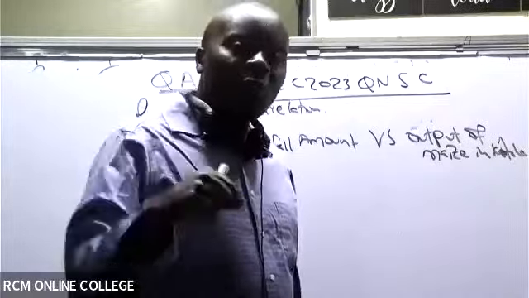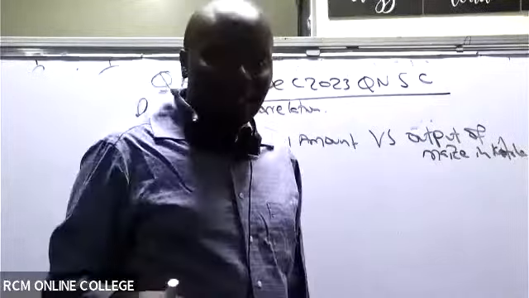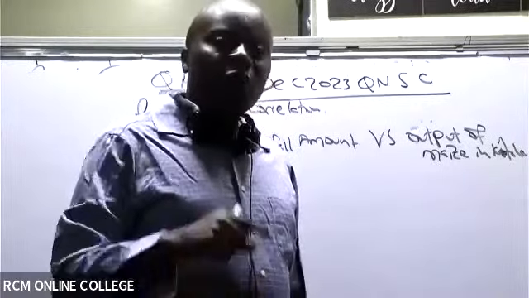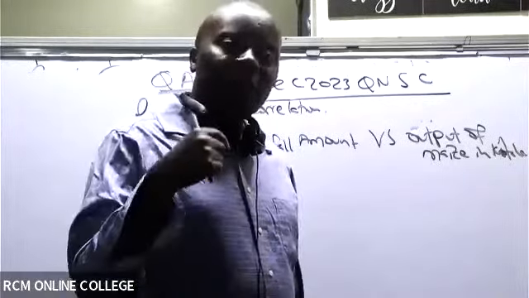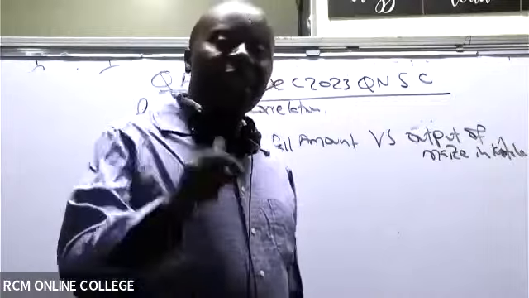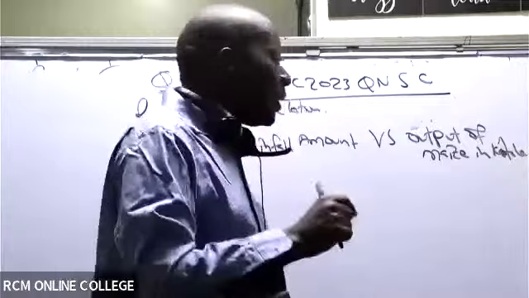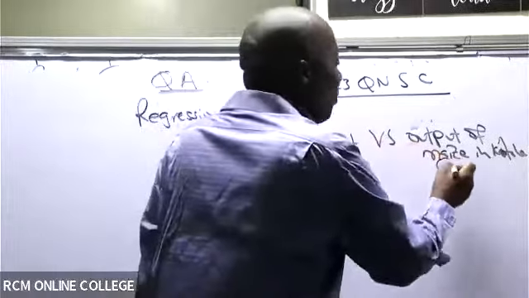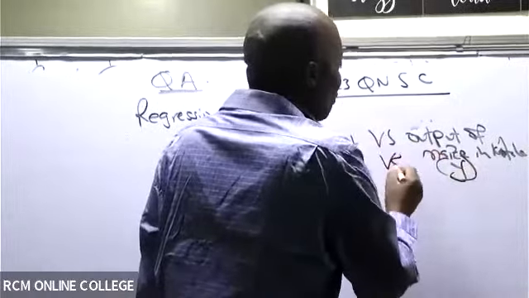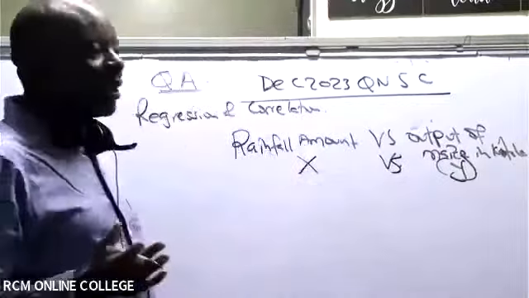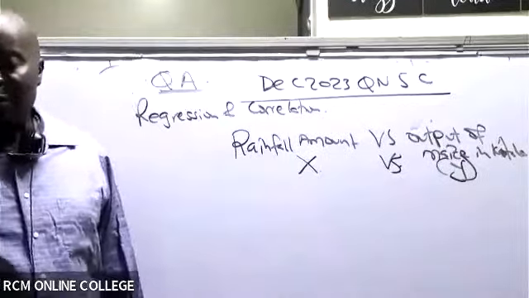The moment you confuse there, then you get 0 in the entire question. The one that depends on the other is the output, which depends on rainfall. So automatically the output here will be Y, and the other one will be X.